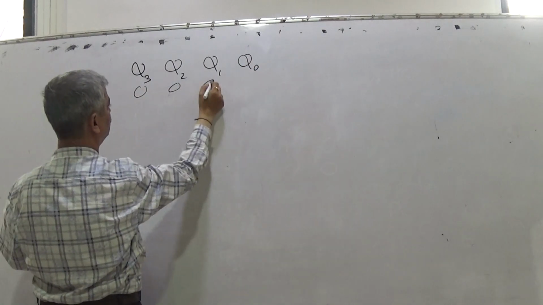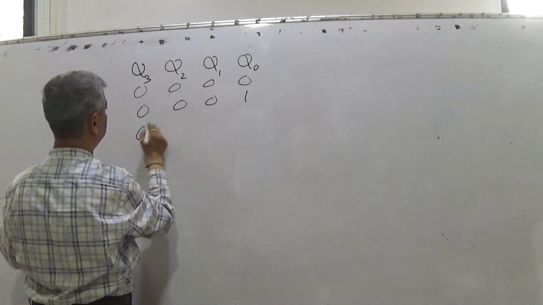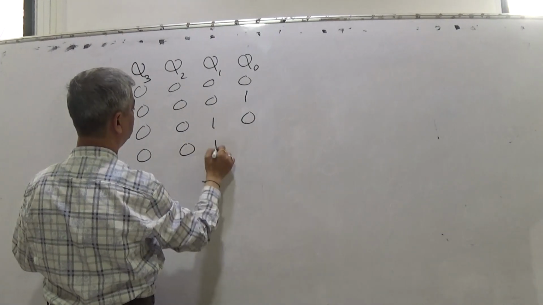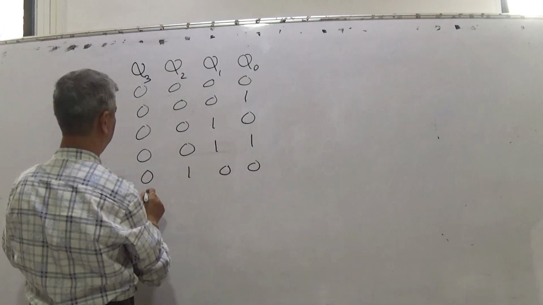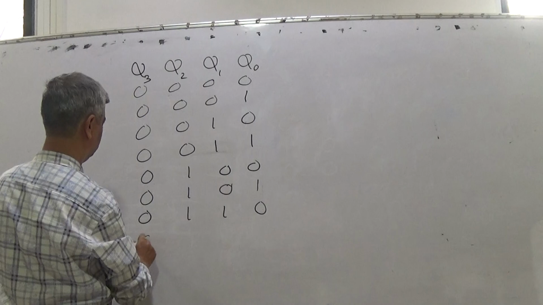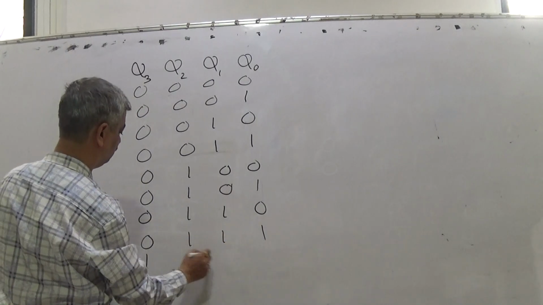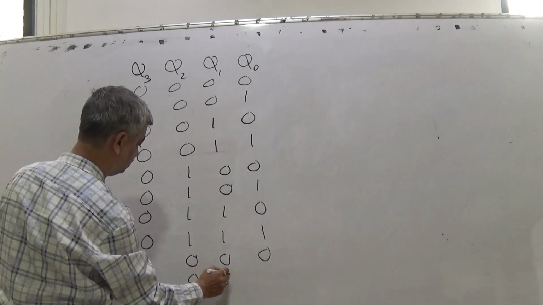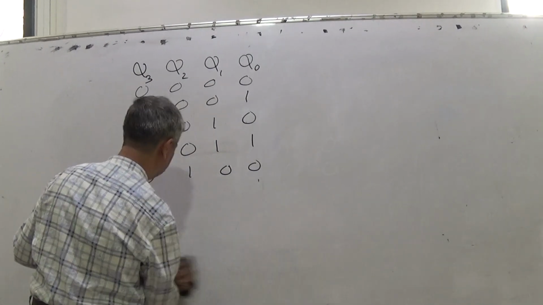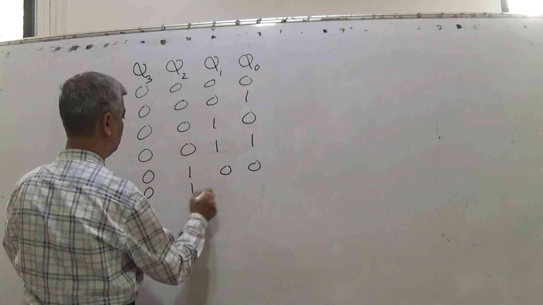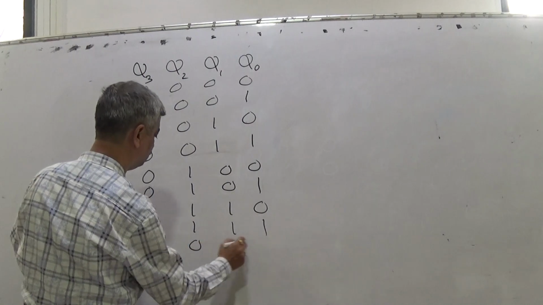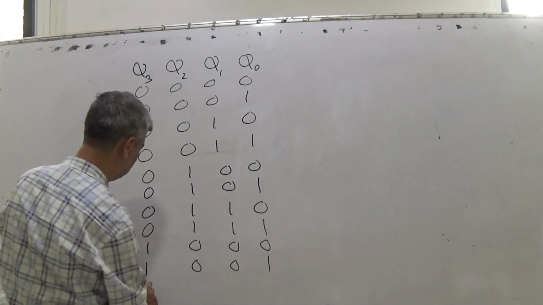So 0, 0, 0, 0, 0, 0, 0, 1, 0, 0, 1, 0, 0, 0, 1, 1, 0, 1, 0, 0, 0, 1, 0, 1, 0, 1, 1, 0, 0, 1, 1, 1, 1, 0, 0, 0, 1, 0, 0, 1, and then again 0, 0, 0, 0.